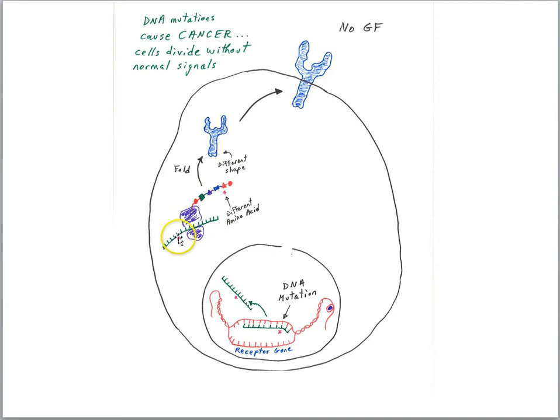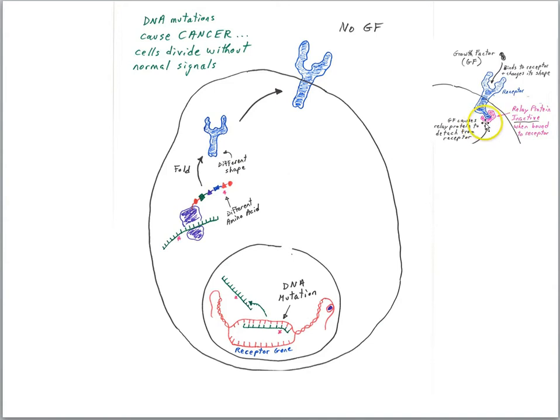Well, because of a mutation, because of a change in perhaps a letter here, we might have a different amino acid at this location. And we know the amino acid sequence determines how it folds up. So if you have a different amino acid here, it might influence how it folds up. And sure enough, there's a different shape. Notice there's no little piece sticking out here. So here we see the receptor is a different shape than the normal receptor.